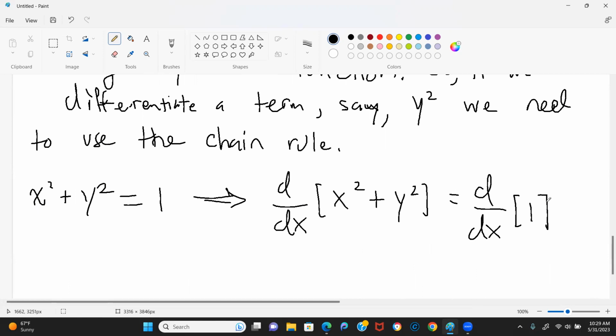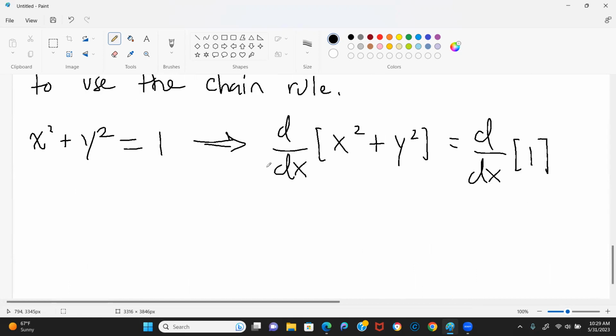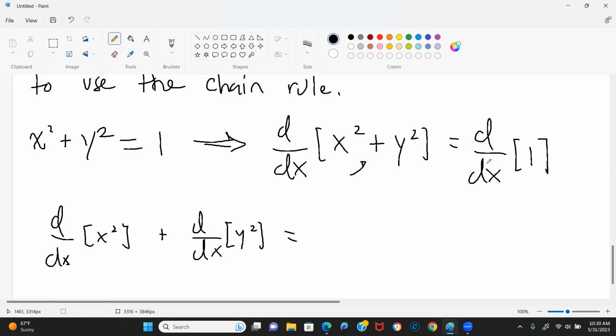And if you do an operation to one side of the equation, you have to do it to the other side of the equation. Now we can use the fact that the derivative is a linear operator, so the derivative of this sum is the sum of the derivatives. And the derivative of the constant is 0, so that's nice.